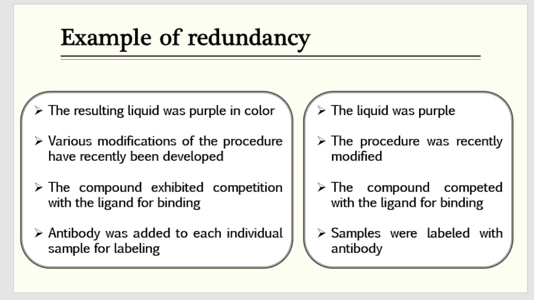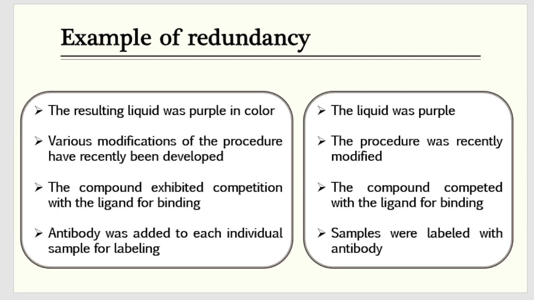The second example is: various modifications of the procedure have recently been developed. You can simply say the procedure was recently modified. No need to talk about various modifications of the procedure. Next, the compound exhibited a competition with the ligand for binding. So: the compound competed with the ligand for binding.